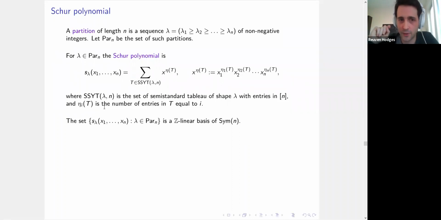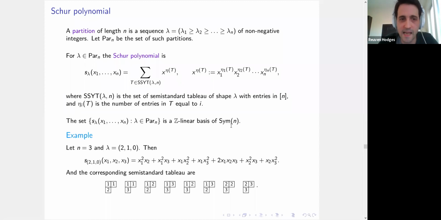And more than that is true. If you take all of these Schur polynomials indexed over all partitions of length n, they give you a Z-linear basis of Sym n, where Sym n is the symmetric polynomials in n variables. So given any symmetric polynomial, I can express it as a linear combination of Schur polynomials.